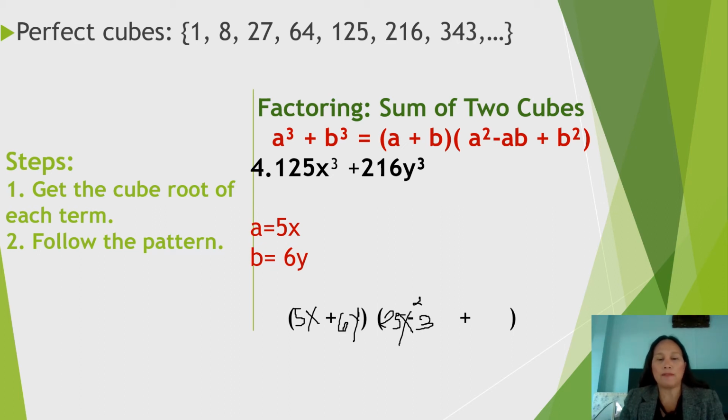So we have 30xy, so here, that is x. And then sa last term natin, ang gagawin natin dito ay square din natin yung last term. 6 times 6 is 36, and that is y squared.